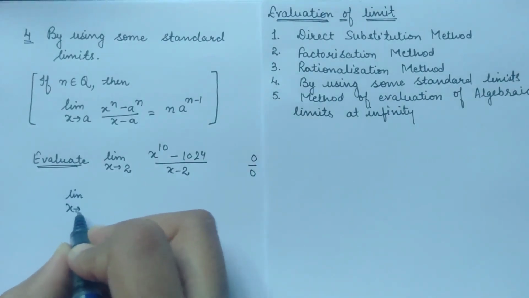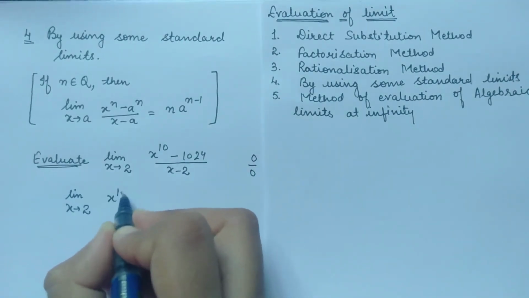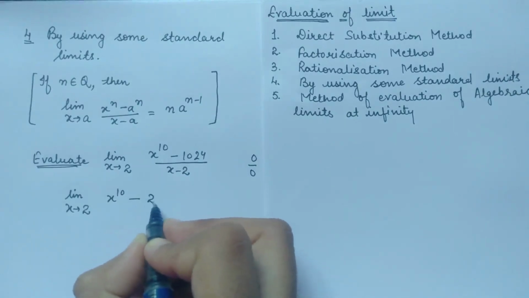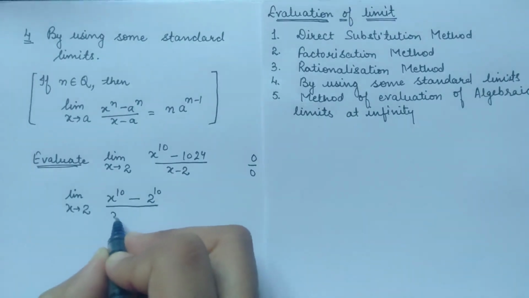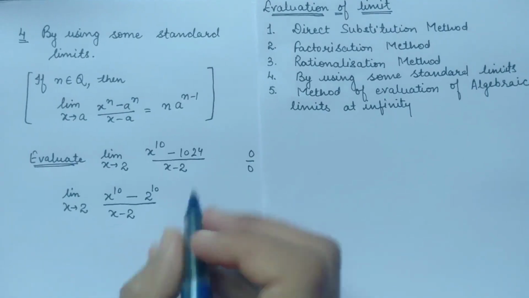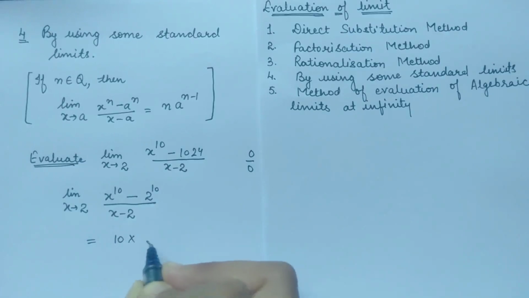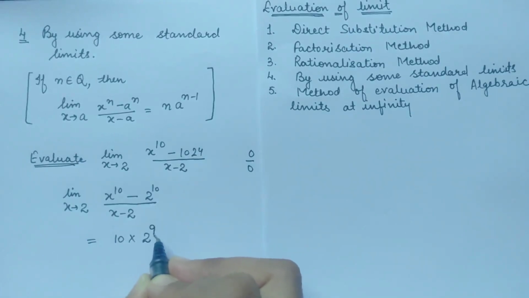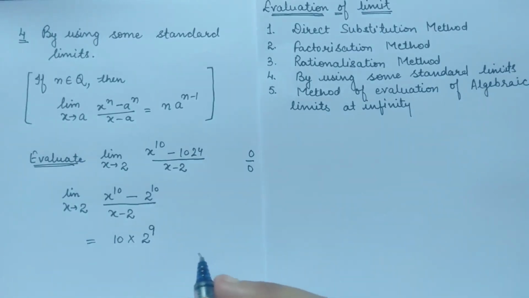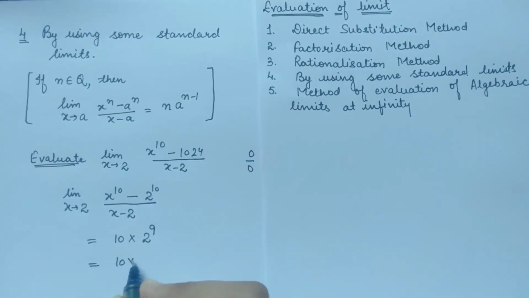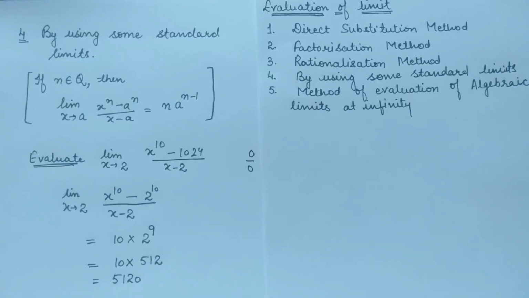Therefore, limit x tends to 2, (x power 10 minus 2 power 10) divided by (x minus 2), because 2 power 10 is equal to 1024. So by applying the above result, n is equal to 10, so it will become 10 into 2 power (10 minus 1), which is 10 into 2 power 9. 2 power 9 is equal to 512, so it will become 5120.